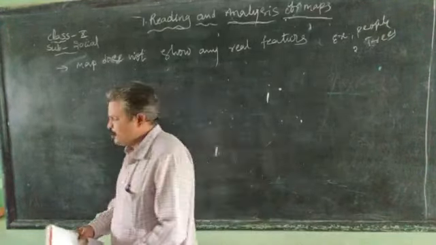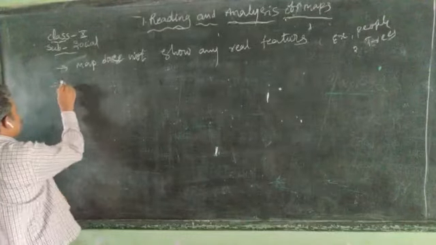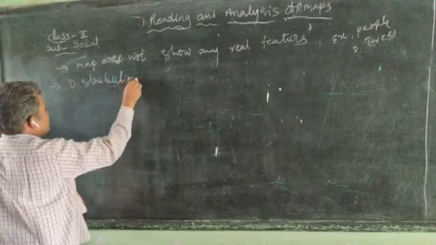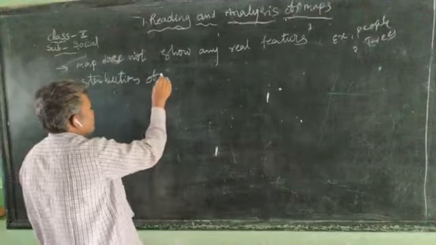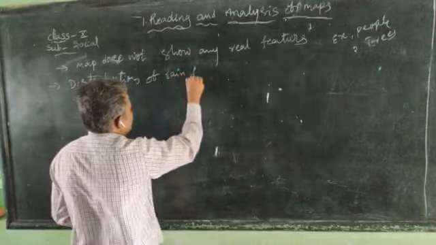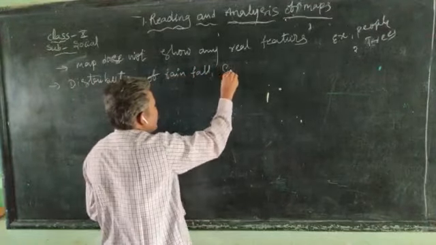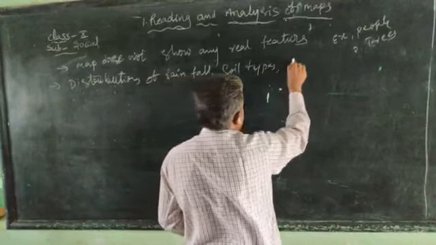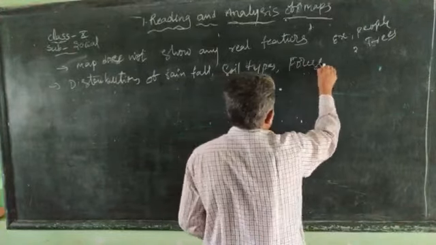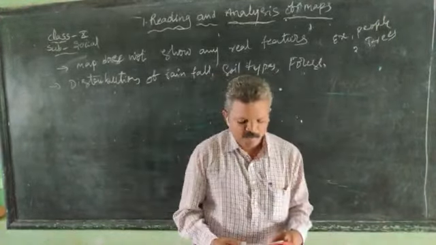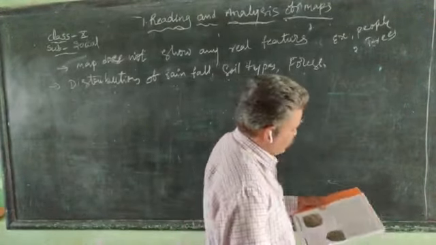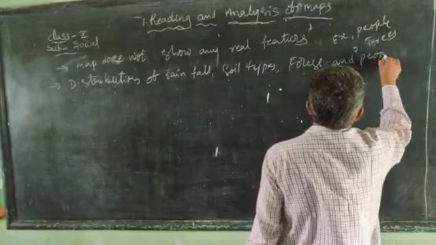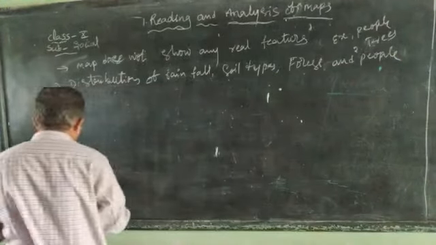For example, the distribution of rainfall, soil type, forests also, population, and people speaking different languages.